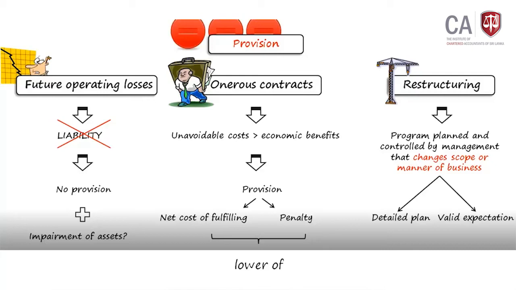Even though you have a detailed plan, if there is no valid expectation that they are going to do this restructuring, you can't make a provision. To make a provision for restructuring, for those examples that we have discussed, there should be a detailed plan as well as a valid expectation on that detailed plan.